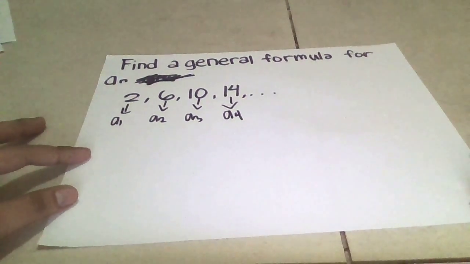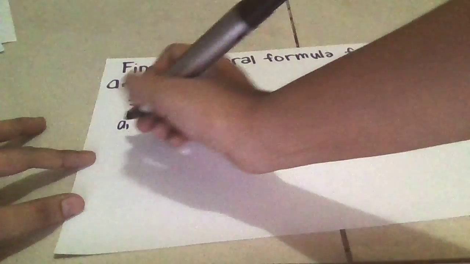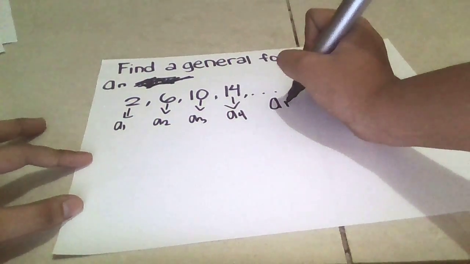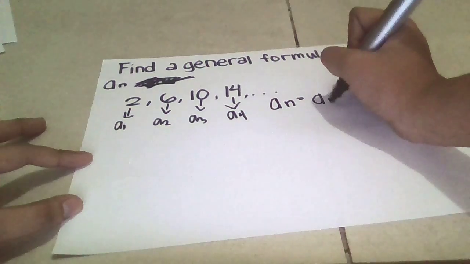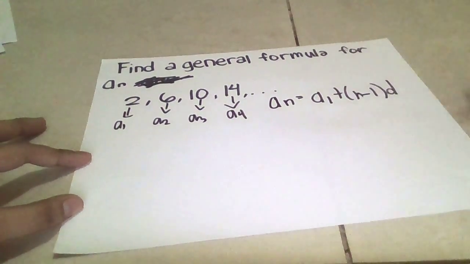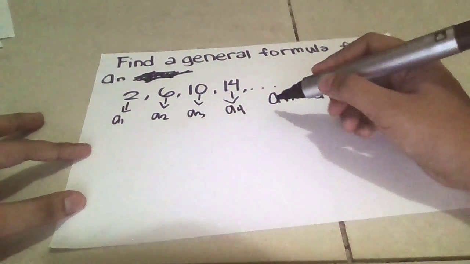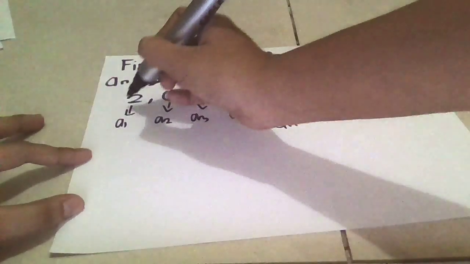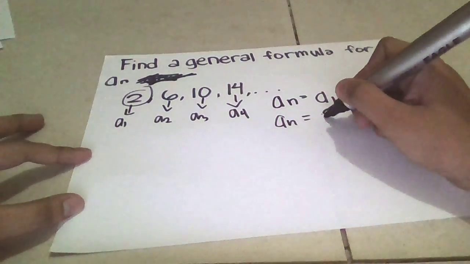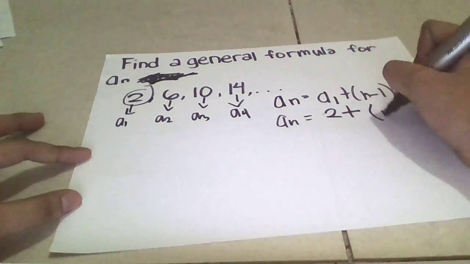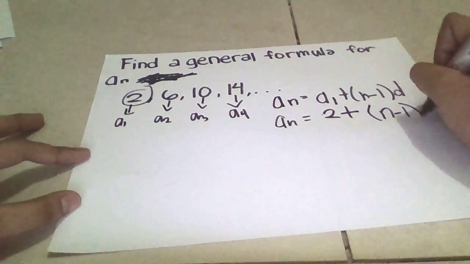So your general formula is a sub n is equal to a sub 1 plus n minus 1 d. So your a sub 1 here is 2 plus n minus 1 d.